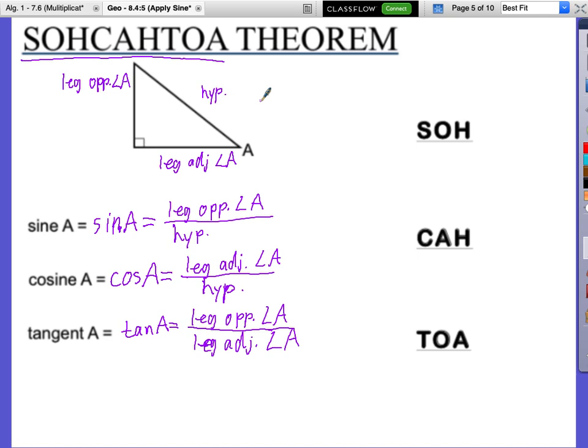SOHCAHTOA. So what this means, it's an acronym broken into 3 parts: SOH, CAH, and TOA. How many letters are in each of these? 3. So it's pretty even.